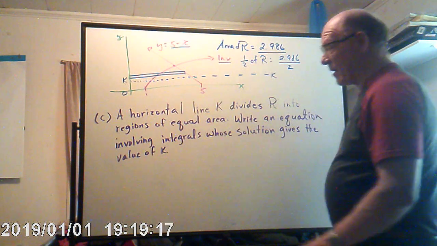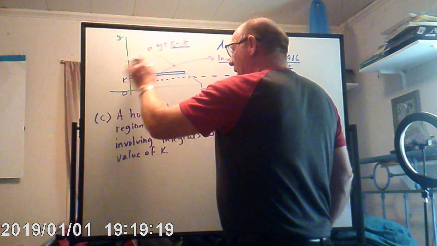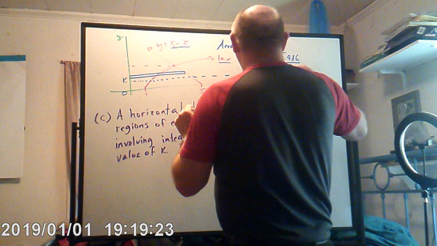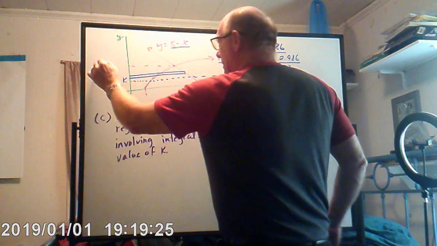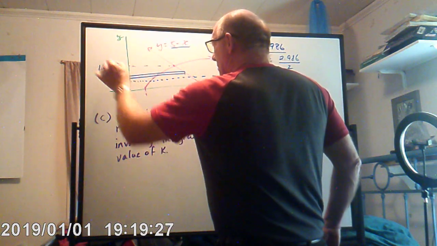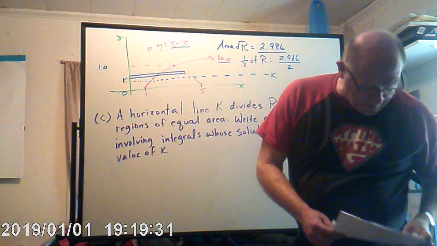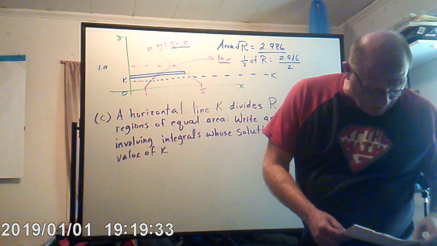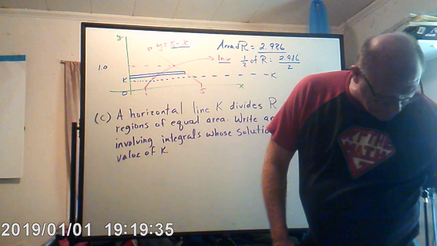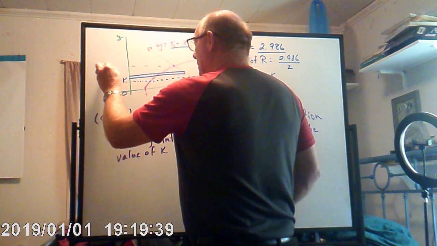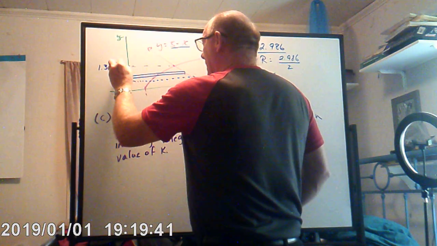Well, we know that if we pick the top one, we would have to go to K, and this y value, which is 1.30656.